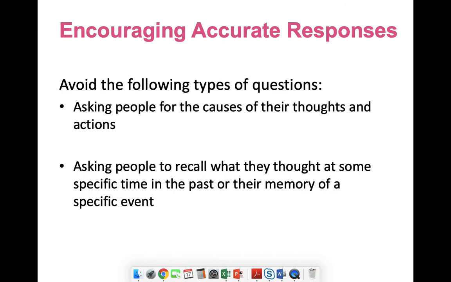People's memories for these types of events just aren't all that great. And it's important to know that confidence and accuracy are not necessarily related. People might feel very confident about what they report, even if they're not accurate. So sometimes people are confident and accurate, but sometimes they're confident and not accurate.